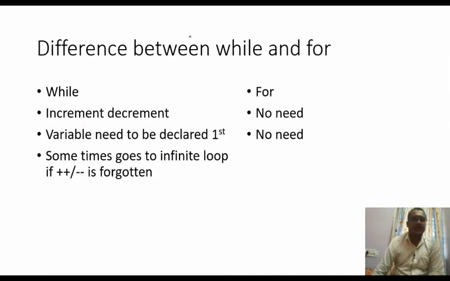The next one is the difference between a while loop and a for loop. This side I am writing the difference for while, and this side the difference for for. Whenever we are writing a while loop, the utmost care is that the increment and decrement value should be written manually by the user, or else it is going to end with an infinite loop.